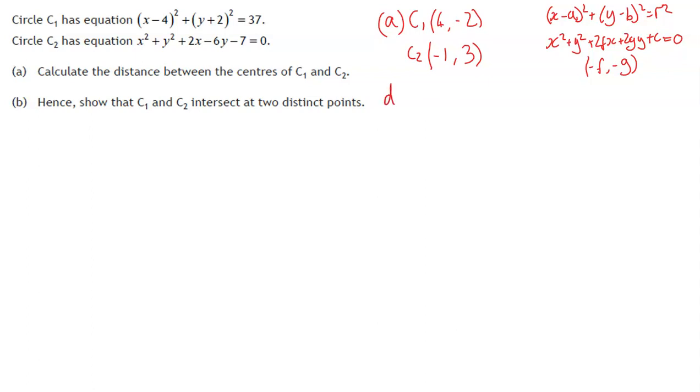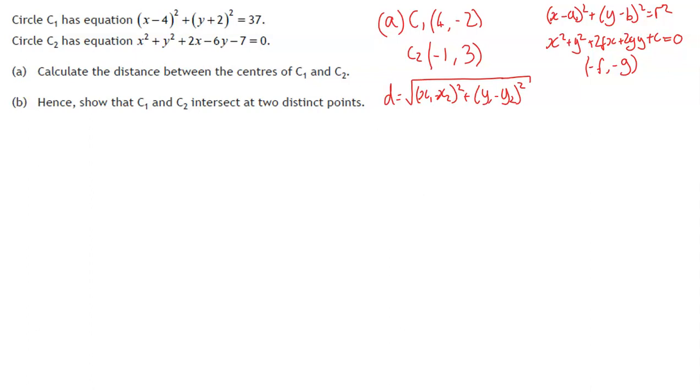If I then say my distance between the two centres, I can use the distance formula, which is the square root of (x1 minus x2) squared plus (y1 minus y2) squared. And that x1, x2, y1, y2 come from the centres of the two circles.